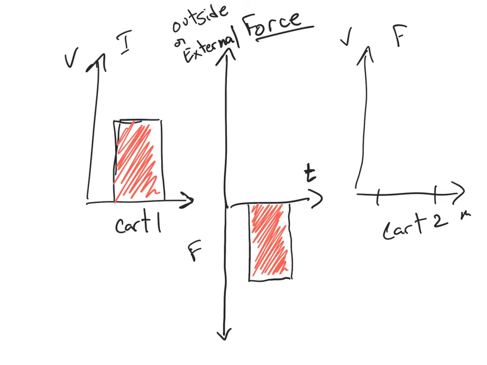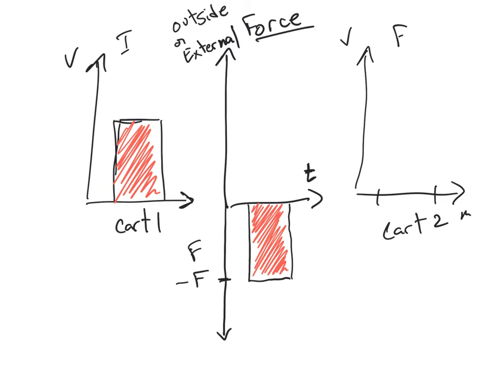But what we should notice is that I have conveniently drawn the force versus time graph to look like it has the exact same area as the velocity versus mass graph. And that's intentional.